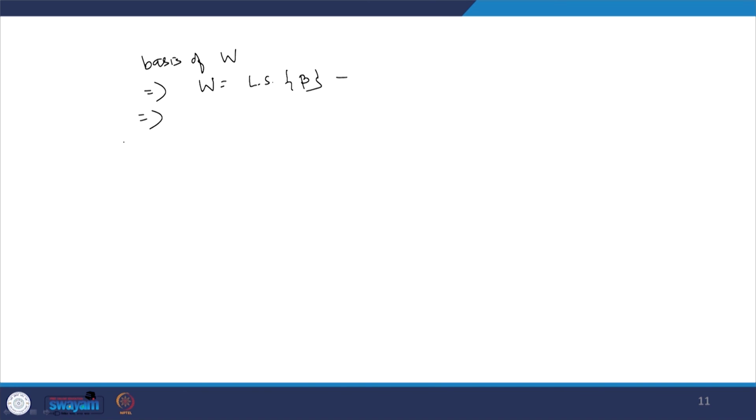So, if I consider alpha belonging to W, alpha will be of the form C beta, and if T of alpha is in W, then T of alpha is again of the form D times beta. So, alpha equal to C beta, and I can write beta equal to 1 by C times alpha.